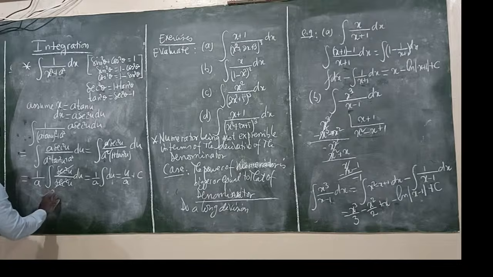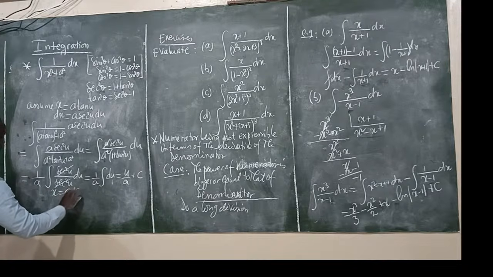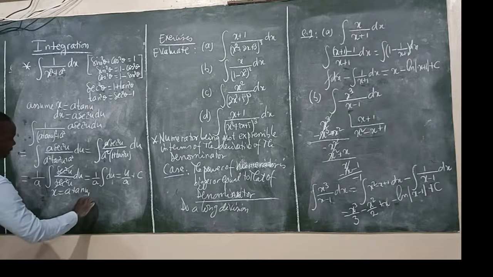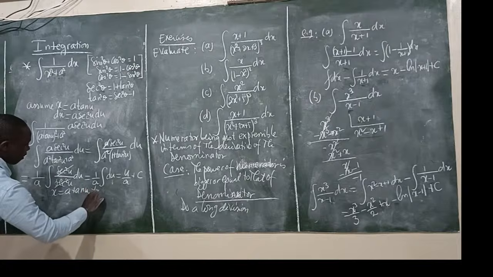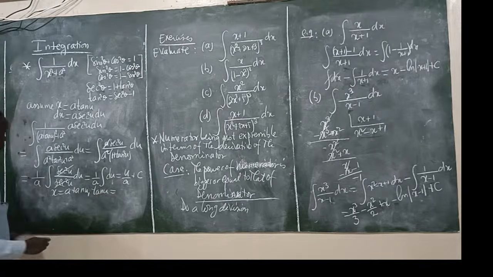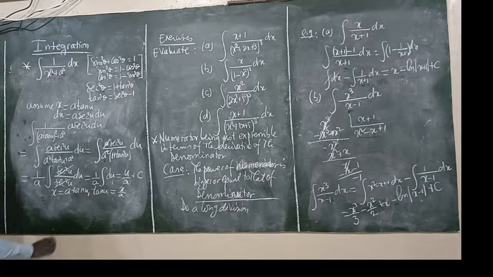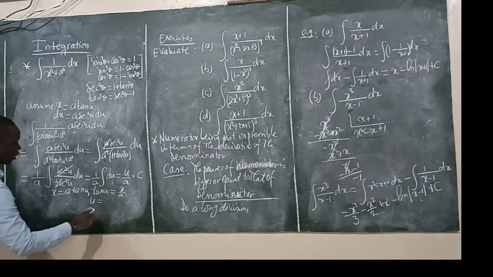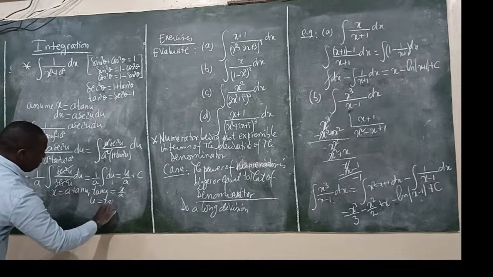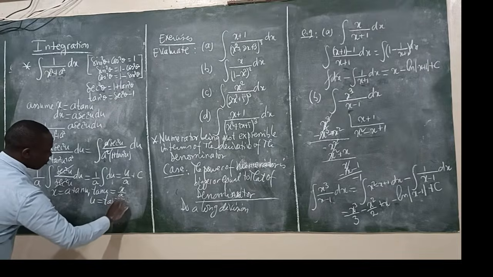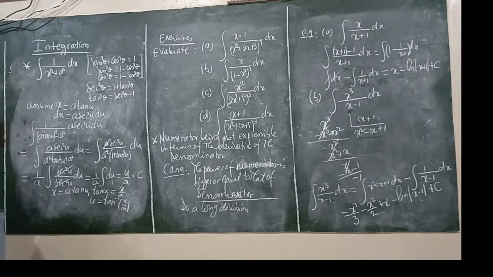Since x is a tan u, this means tan u is equal to x over a. U is going to be tan inverse of x over a.